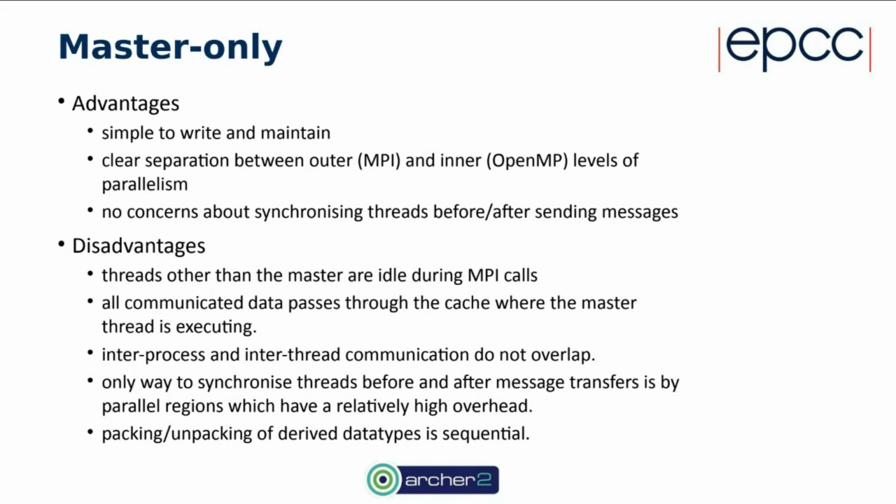If we're sending non-contiguous data, then inside the MPI library, that is all being packed into a contiguous buffer before it gets sent across the network. And that packing process can be potentially quite expensive. And in this style, it means that only one thread can possibly participate in the packing.